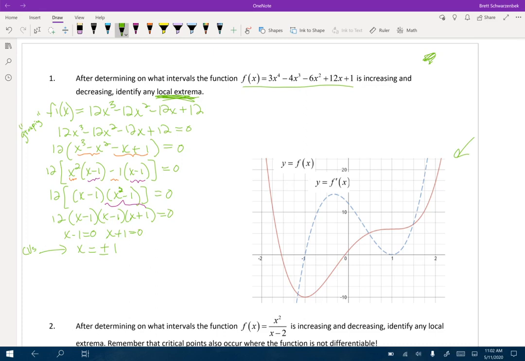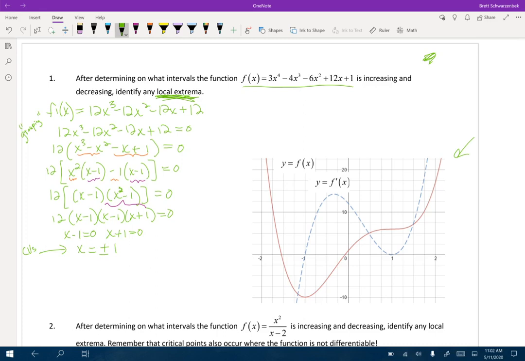That does not work in this scenario. Why? If you recall, we cannot use endpoints when it comes to identifying local extrema. It's only interior points. And in this scenario, they don't even give you endpoints. They're asking you on the full spectrum of the graph, what will be our local extrema. So it's a different setup and a different scenario.